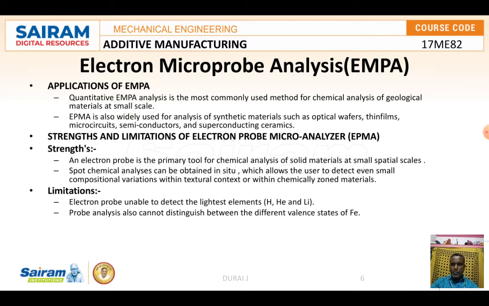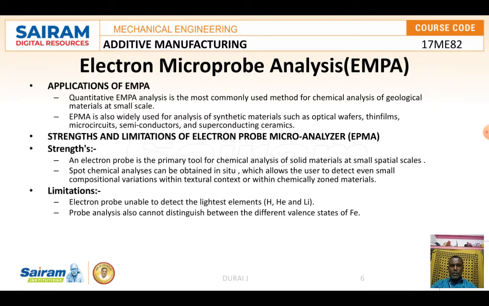It is chosen where individual phases need to be analyzed and where the material is of small size, and it is also widely used for analysis of synthetic materials such as optical wafers, thin films, microcircuits, semiconductors, and superconducting ceramics.